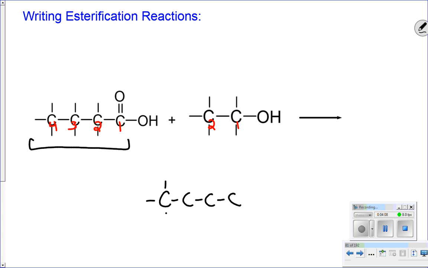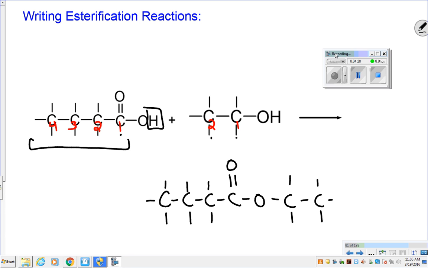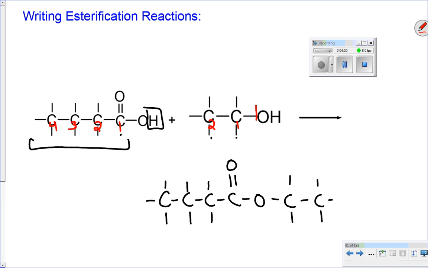And I'm going to fill in the H's that I would expect to have on here. This carbon right here gets that double bonded O, the single bonded O. This H, remember, is what's going to get chopped off of here. The two alcohol carbons are going to end up strung onto the end of this molecule. Your other product here, remember, this OH group right here bonded together with this H to form water.